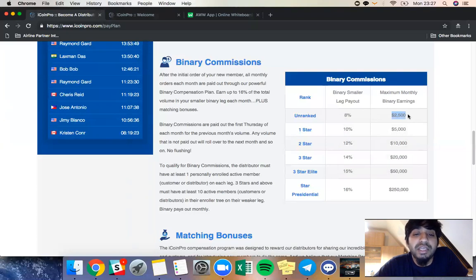So this is a key element, okay, to remain. So as you can see here, to qualify for binary, the distributor must have at least one personally enrolled active member, customer, or distributor on each leg. 3 stars and above must have at least 10 active members, and it just talks to you about it, okay? But as you can see right here, it goes up to 250 per month.